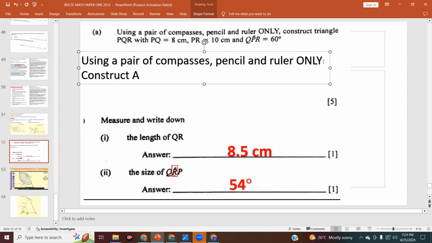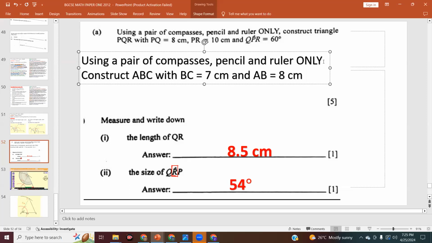Let's use ABC, right? With BC equals 7 centimeters, and AB equals 8 centimeters.